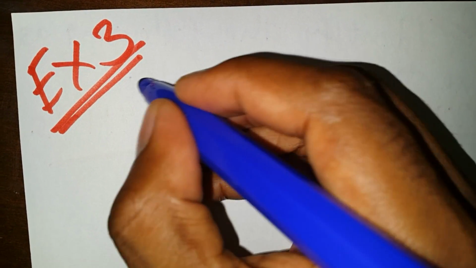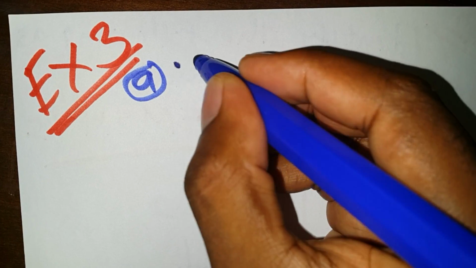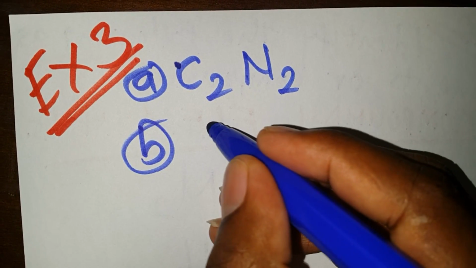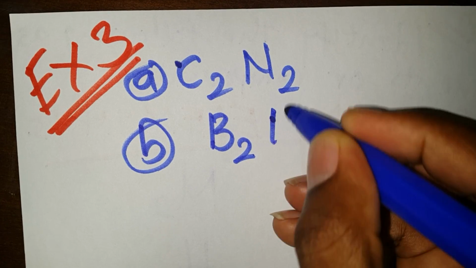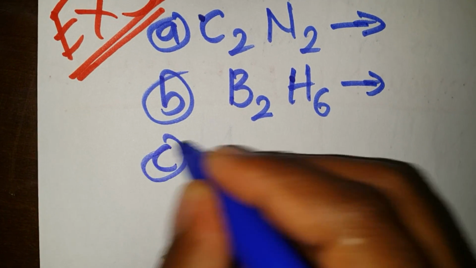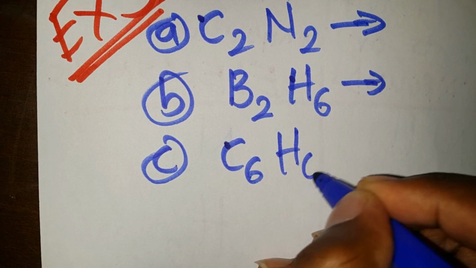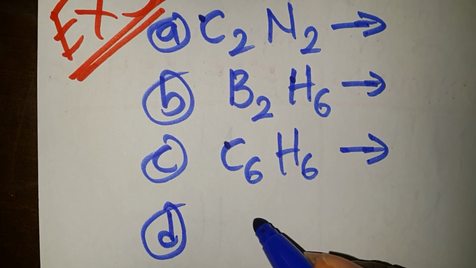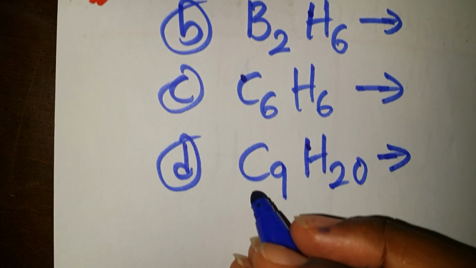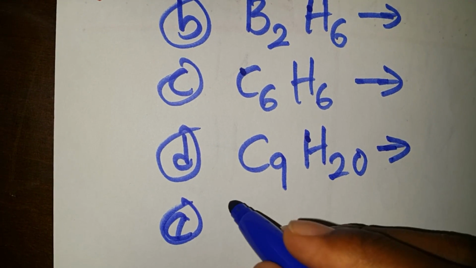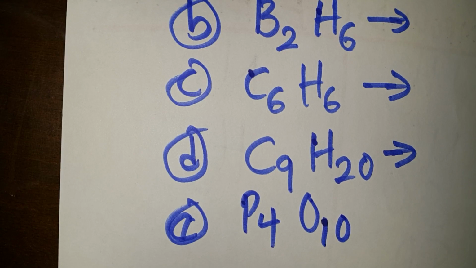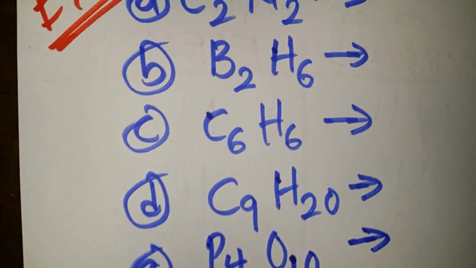We have the first one to be C2N2, the second one to be B2H6, the third one to be C6H6, this one to be C9H20, and the last one. So we have to find the empirical formula of all these compounds.